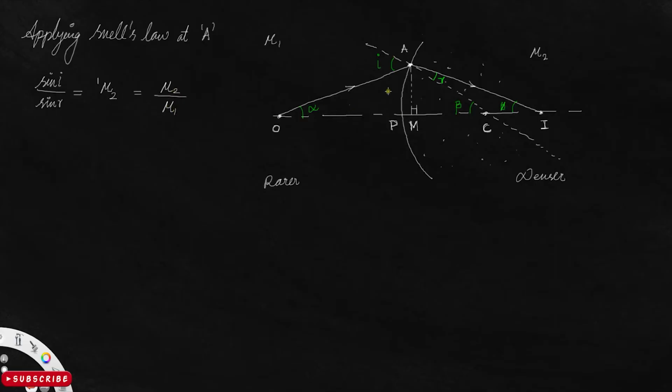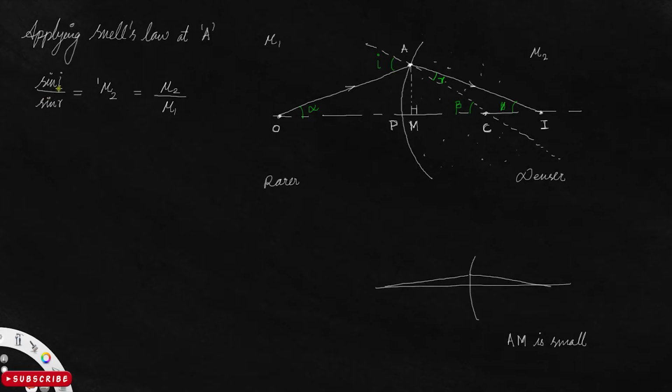Since these angles I and R are very small, the refraction is almost like this, which means this height AM is very small, so the angles I and R are very small.